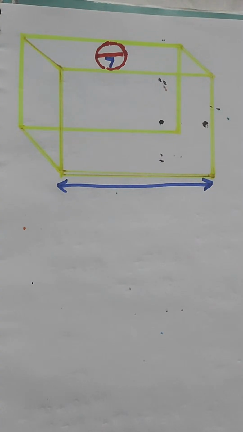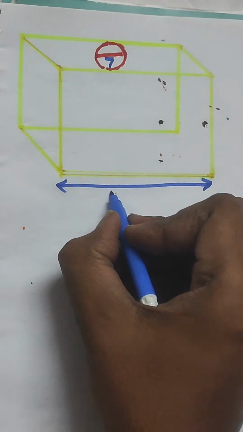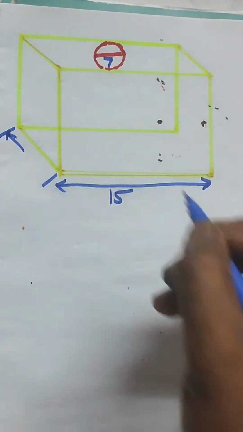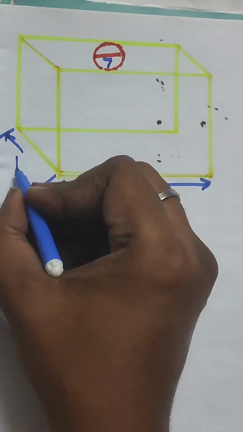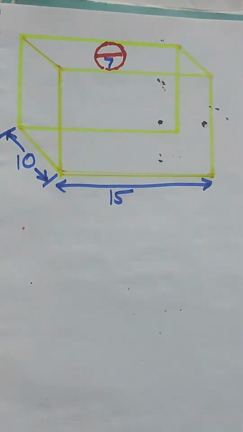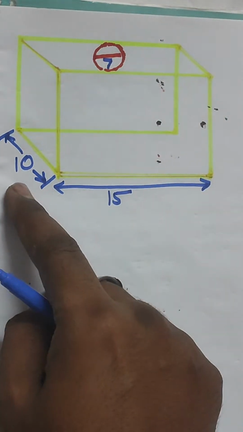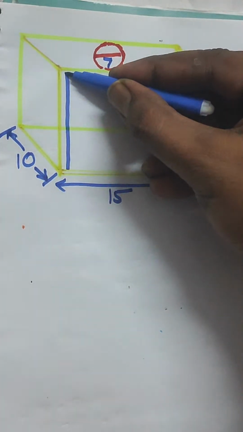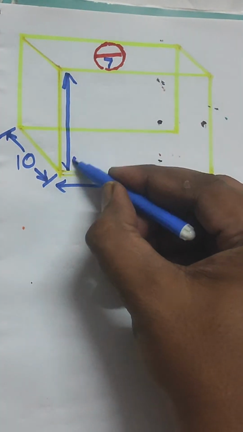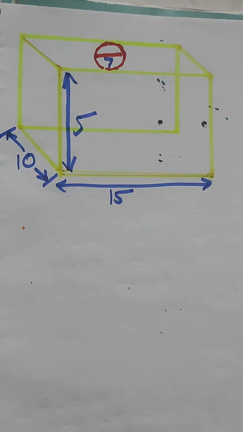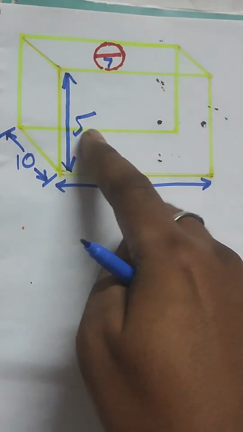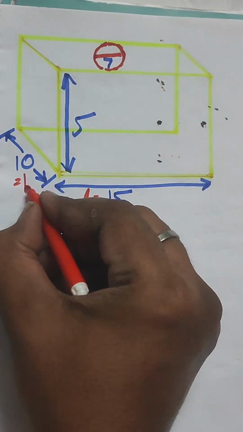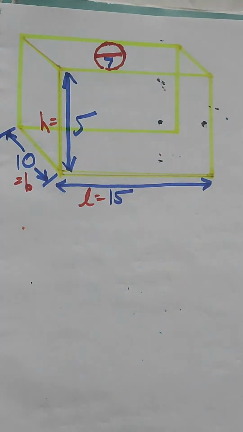The length is 15, the breadth is 10 centimeter, I am not writing the units over here, and the height is 5, though the figure is not as per scale. So length, breadth and height are given to you. This is equal to L, this is equal to B, and this is equal to H.